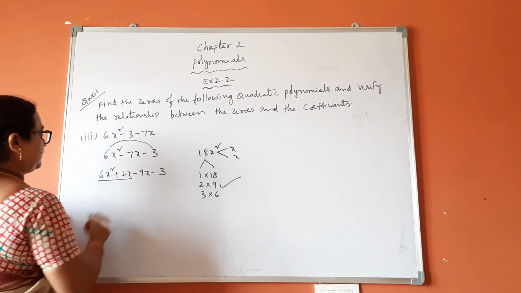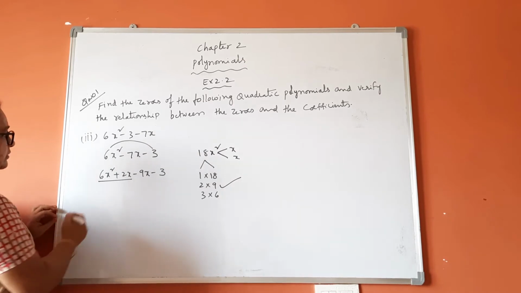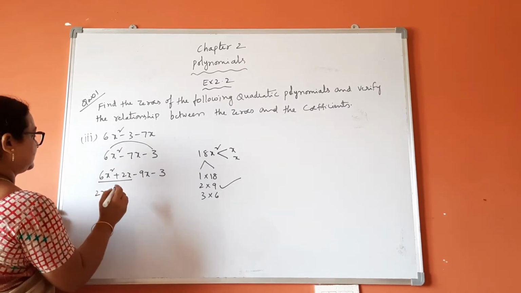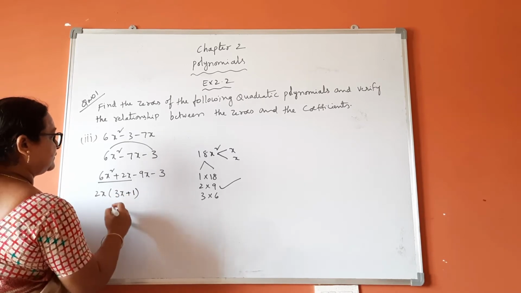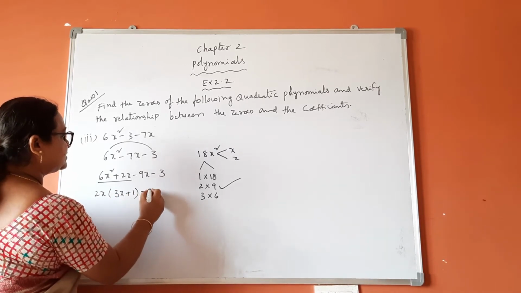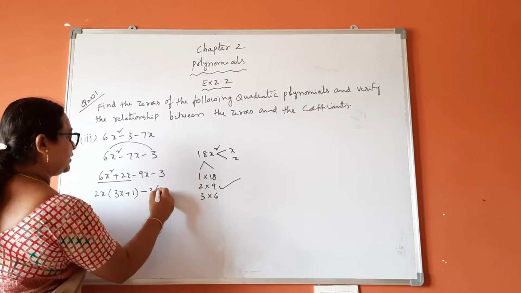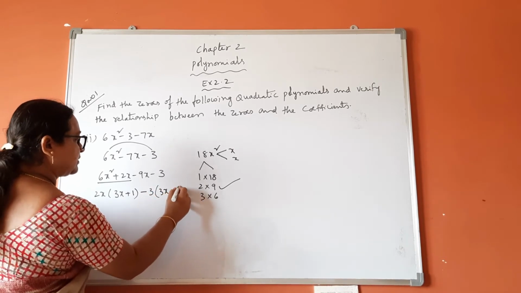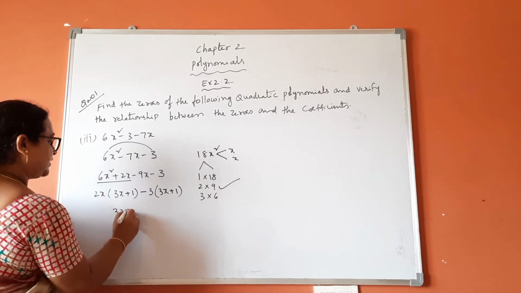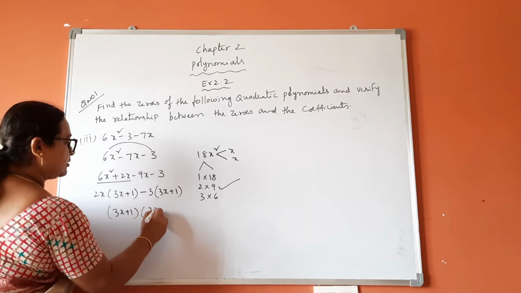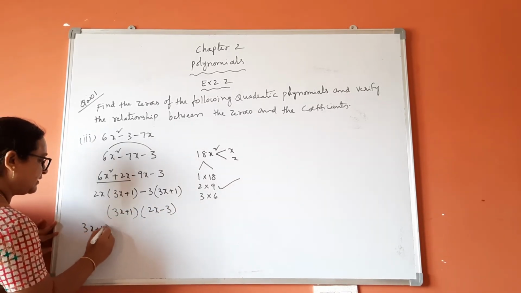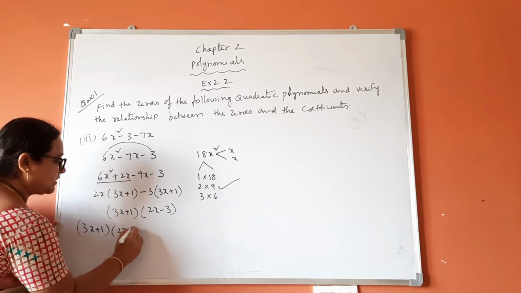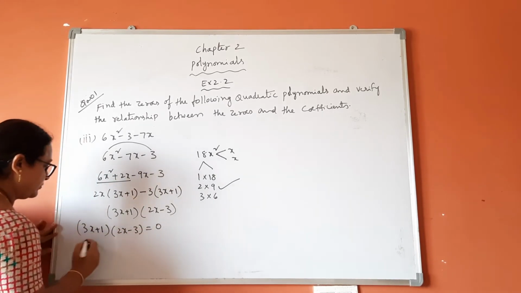Then what can we take as common here? 2x. So 3x plus 1. Here minus 3, if you take it as a common factor, 3x plus 1. Now 3x plus 1, if you take it as a common factor, so 3x plus 1 into 2x minus 3 is equal to 0.